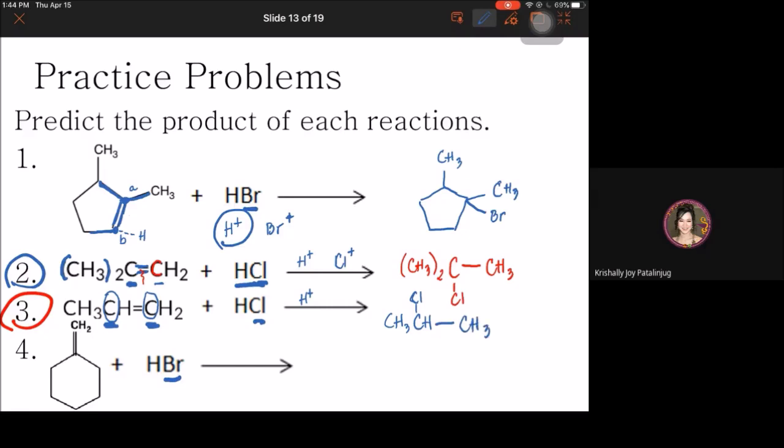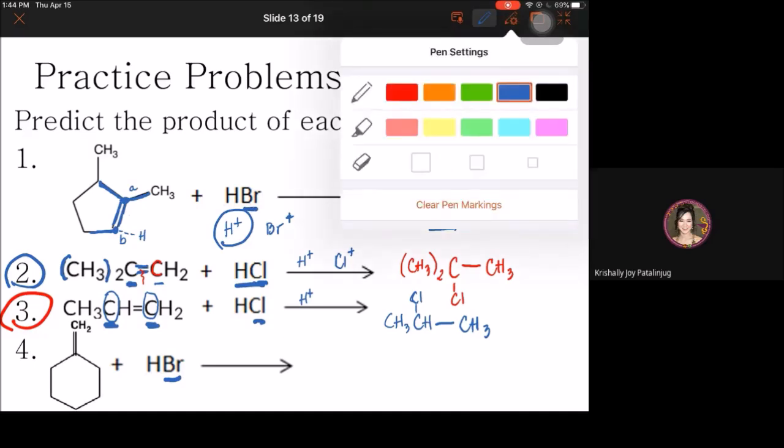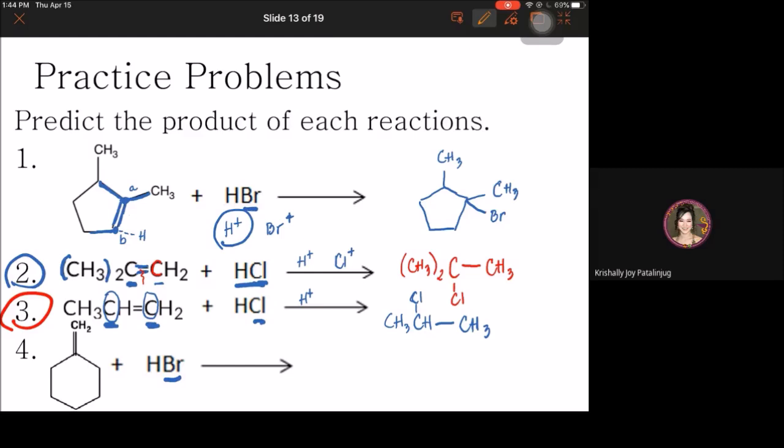Alright? Then, for this skeletal structure, number 4, obviously, this carbon that I highlighted in orange has no hydrogen. Four bonds surround it: a double bond, then the other one. So four in total. So this carbon has no hydrogen.